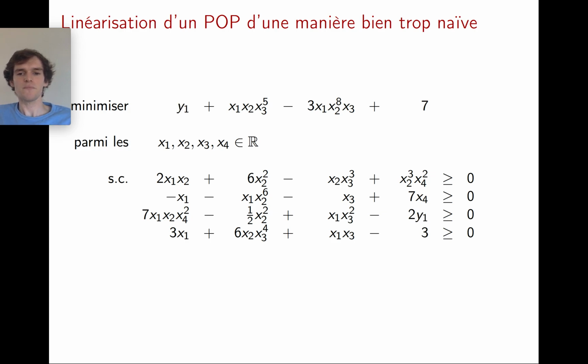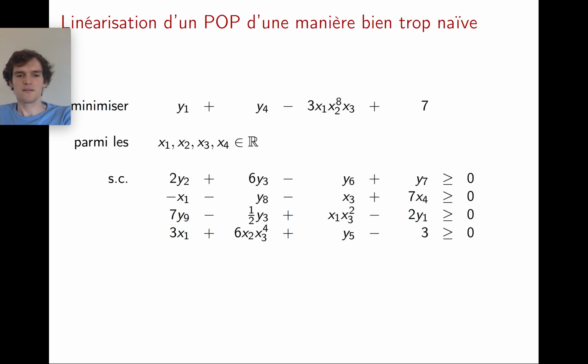And we could pick another monomial. You have x1 times x2, and then you replace that by another variable, y2. And you just keep going, x2 squared, you could replace that by y3, and then we have this monomial, replace it by a new variable, and so on, to y6, y7, y8, 9, 10, 11, 12.